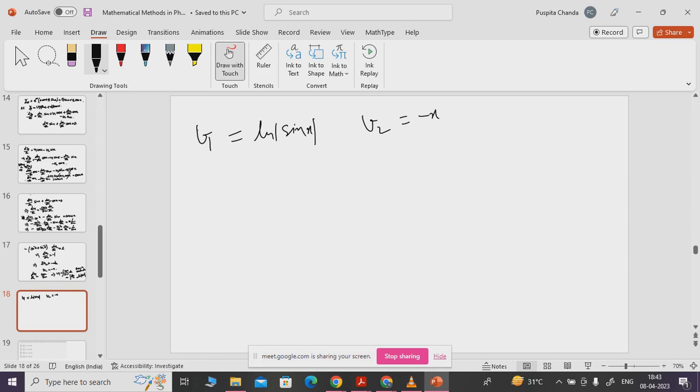I want to mention one thing. We have done all this calculation and came to this solution: v1 is equal to ln sin x and v2 is equal to minus x.